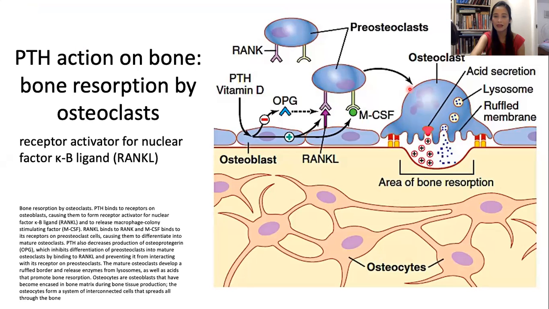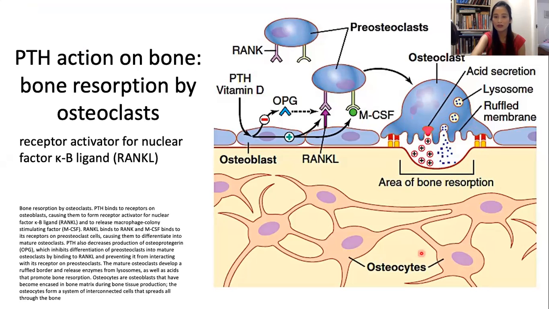Okay, and your osteoclast will now form ruffled borders. The ruffled borders will enable the release of enzymes from your lysosomes and the release of acid from your mature osteoclast. And the acid and the enzyme will now result in bone resorption.